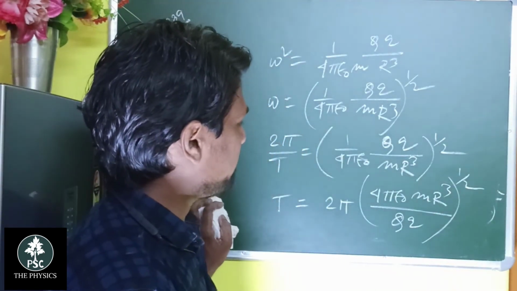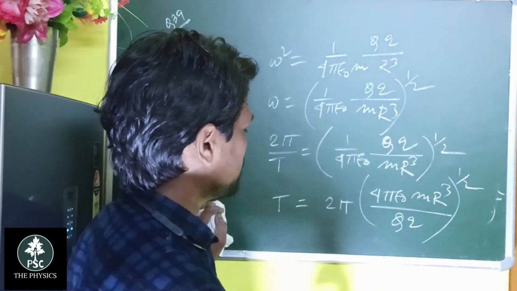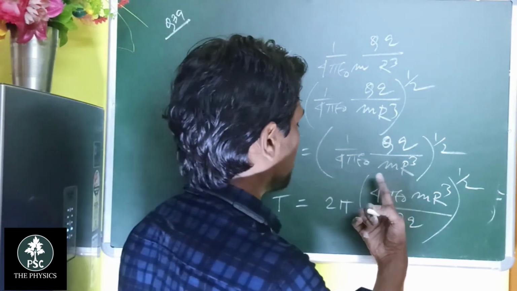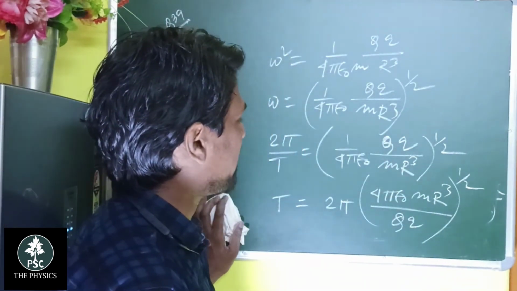This is the time period. If you take 2 pi within the bracket, 2 becomes 4 and pi becomes pi square.